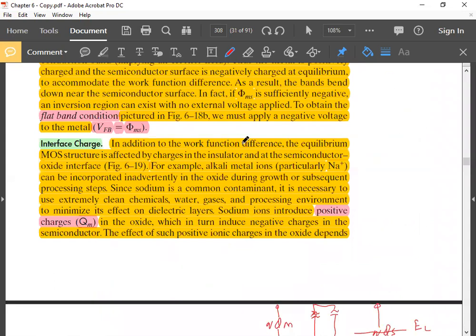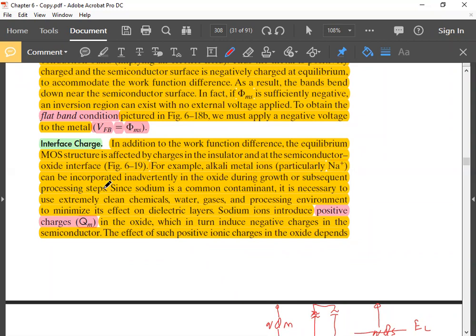What are these? I am just explaining to you. In addition to the work function difference, the equilibrium MOS structure is affected by charges in the insulator and at the semiconductor-oxide interface. For example, alkali metal ions, such as sodium ions, can be incorporated inadvertently, that means unintentionally, in the oxide during the growth or subsequent processing steps.